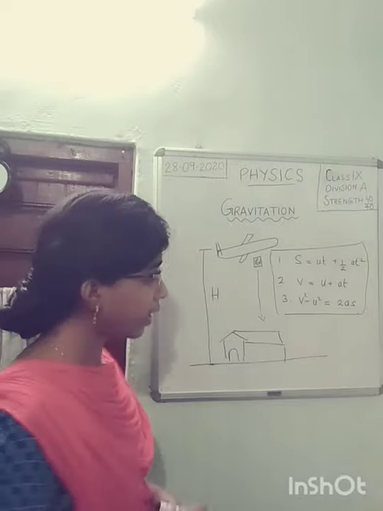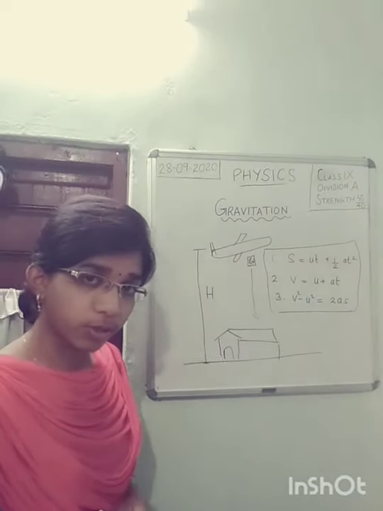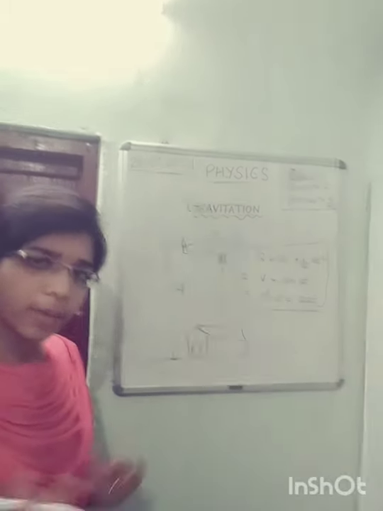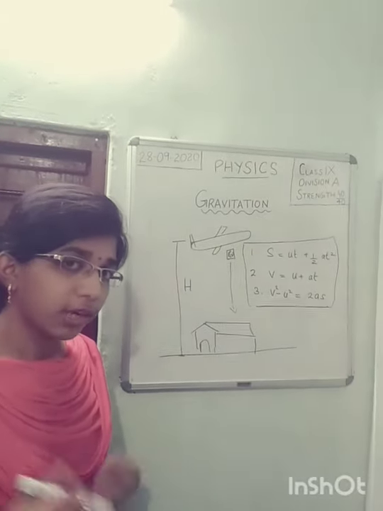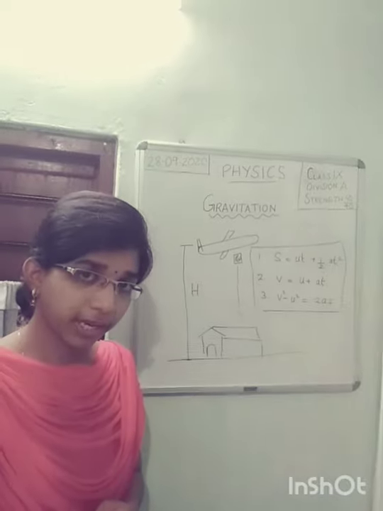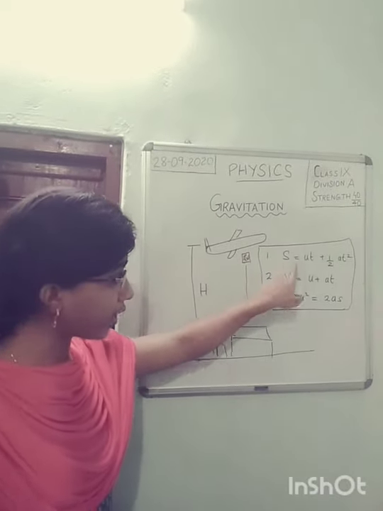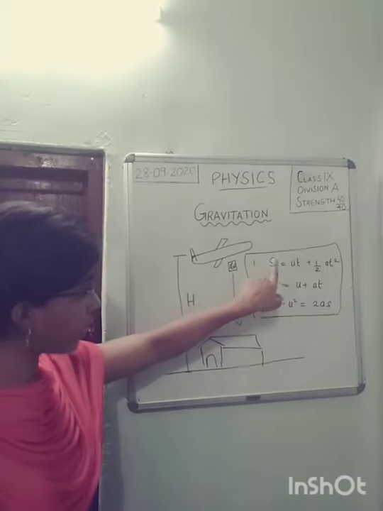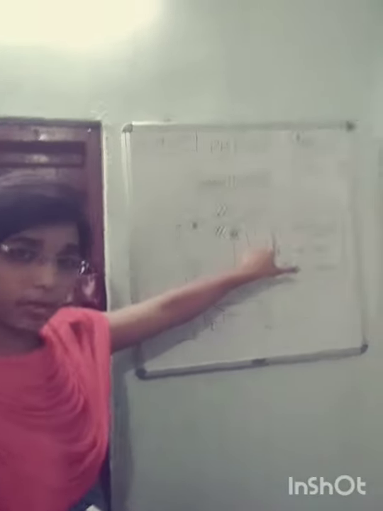Now, from any of these equations of motion, can you find the height h? Some of you might know this. If you don't know, I'm giving you the second clue. The second clue is that we can find the height using this equation of motion.